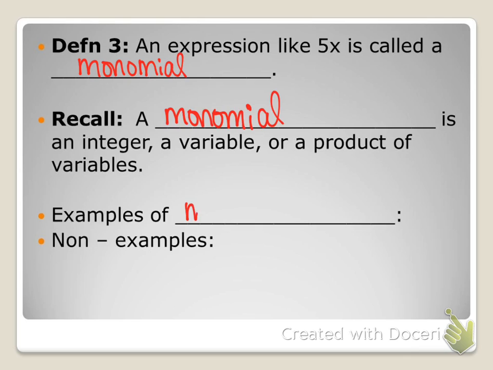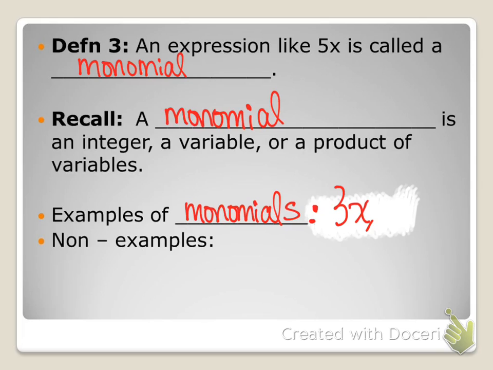So, can we give some more examples of monomials? Keon's got one? Okay, we could do something like 3x. I'm going to shorten this up so I've got a little more space here. 3x is a good monomial. Any other monomials we can think of that maybe look a little different? Natalie? 2y. 2y, we could use a different variable. Ellie?